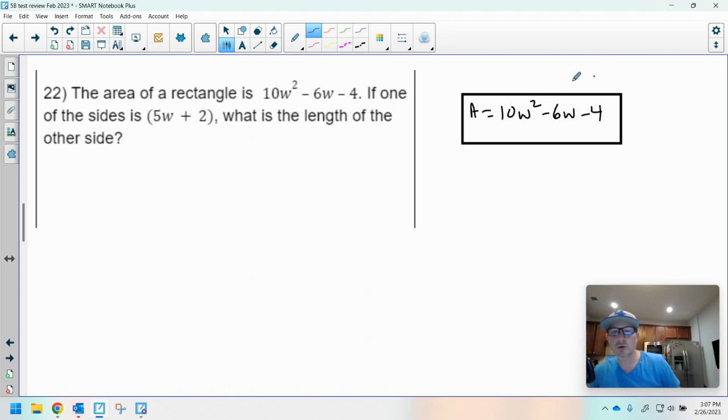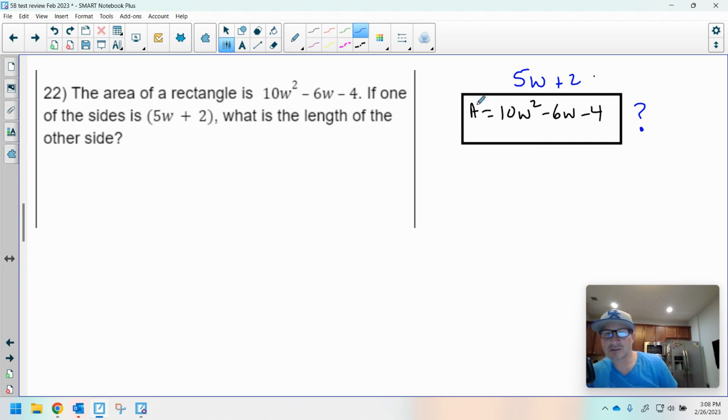And they're telling us one of the sides, let's throw it on the top, one of the sides is 5w plus 2. So they want us to find this other side.